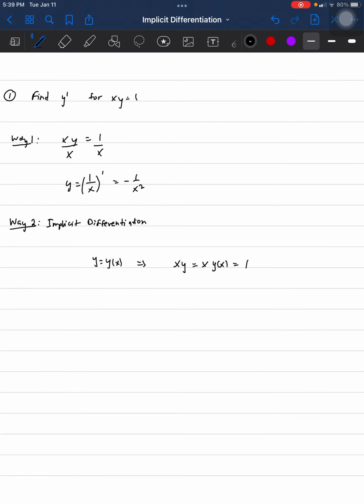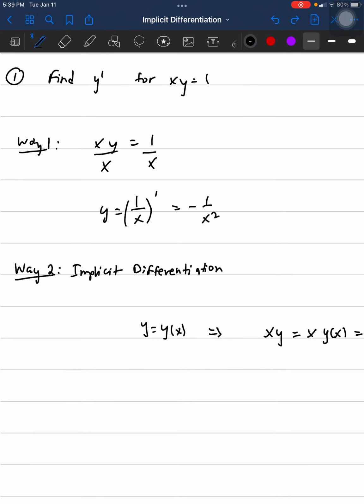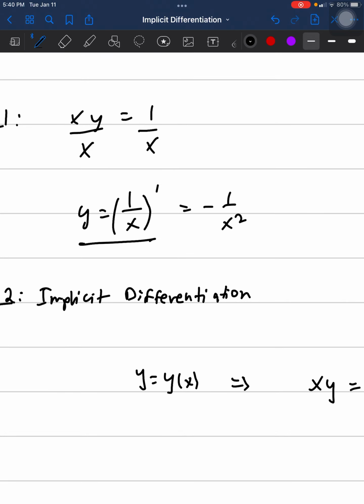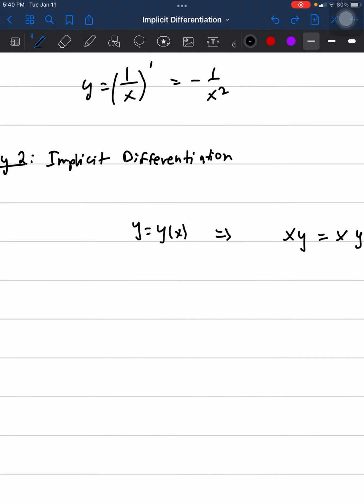Let me repeat what I just did, because I feel like it got a little confusing once I got to this part. As you see in the first solution, we solved for y and tried to make y a function of x. You see, y is equal to 1 over x, so it's a function of x.